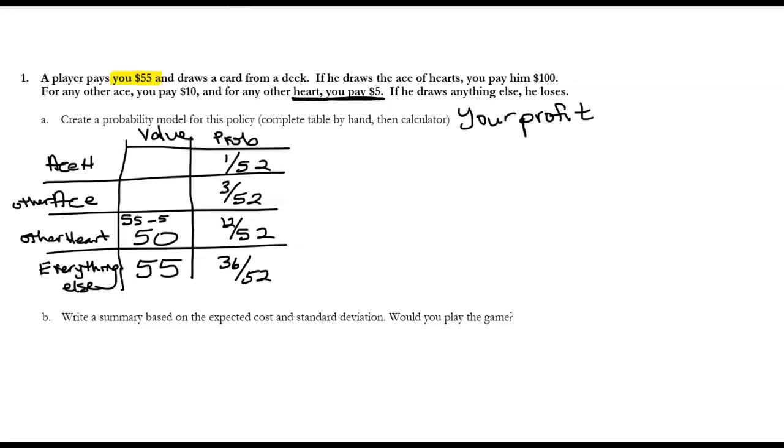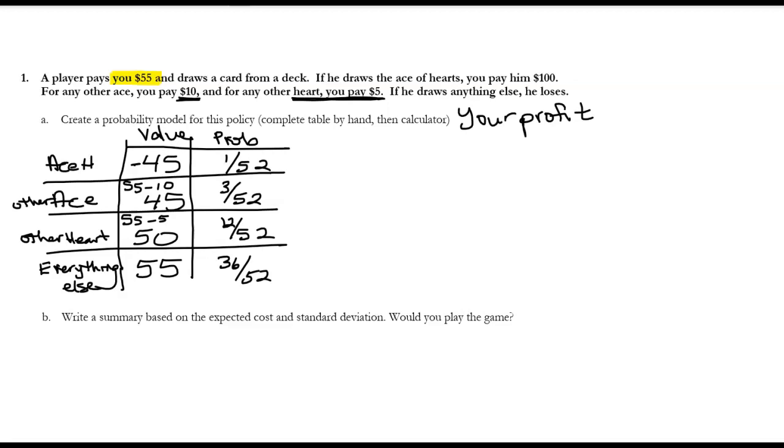You can show your math here, but you don't have to. I'm doing it just for notes so you understand what's happening. Aces are $10. Again, they paid you $55, but you gave them $10 back, so the profit is $45. And for the ace of hearts, you're losing money. This is the only time you're losing money. You're losing 100 minus 55, so you're losing $45. That's a negative.